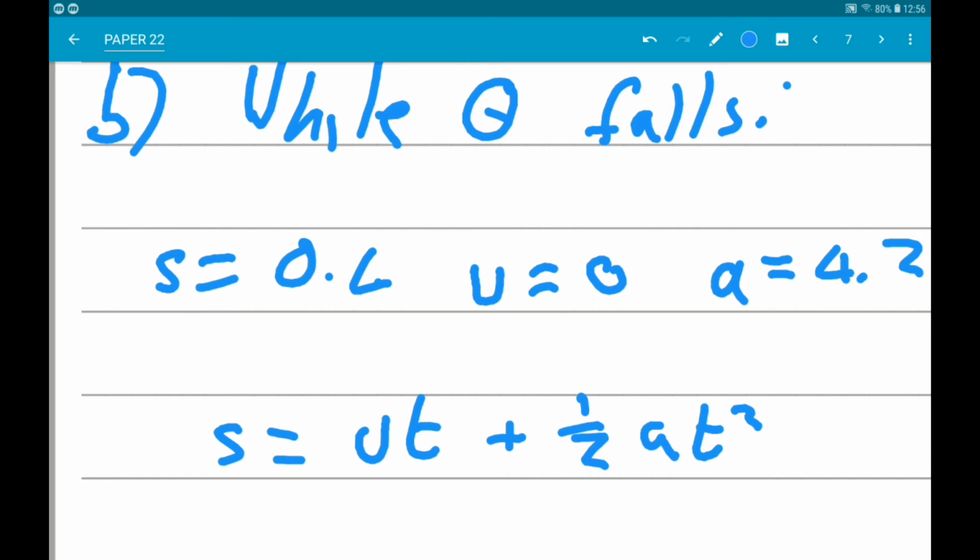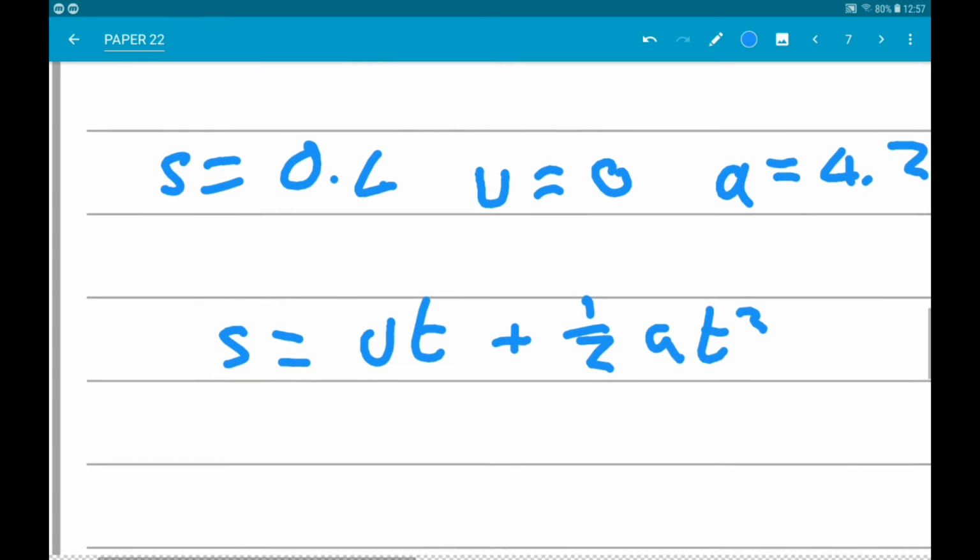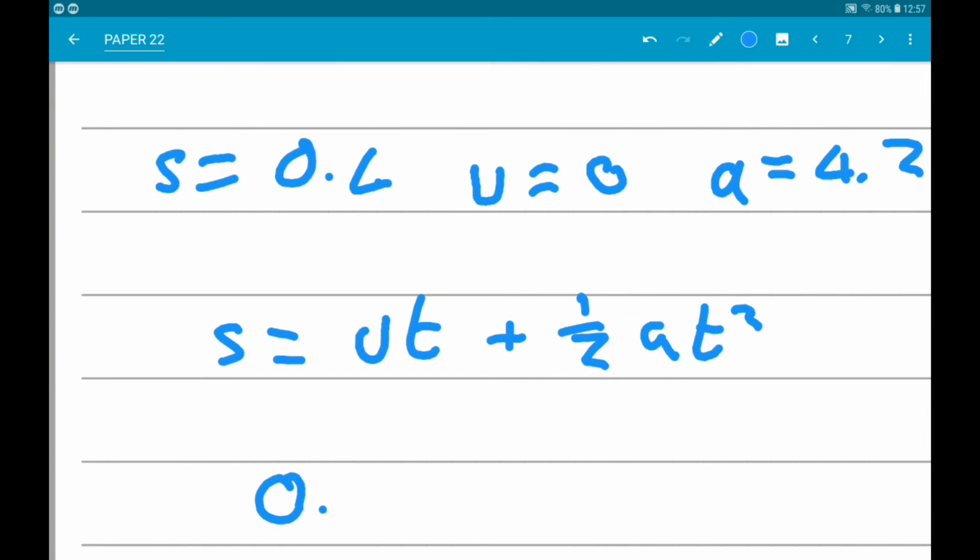So we get 0.4 is equal to 1/2 times at squared, so that's 2.1t squared.